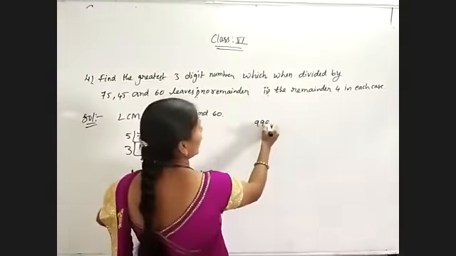So 900 is the answer for the first case, no remainder. 900 is the required number which when divided by 75, 45 and 60 leaves no remainder.